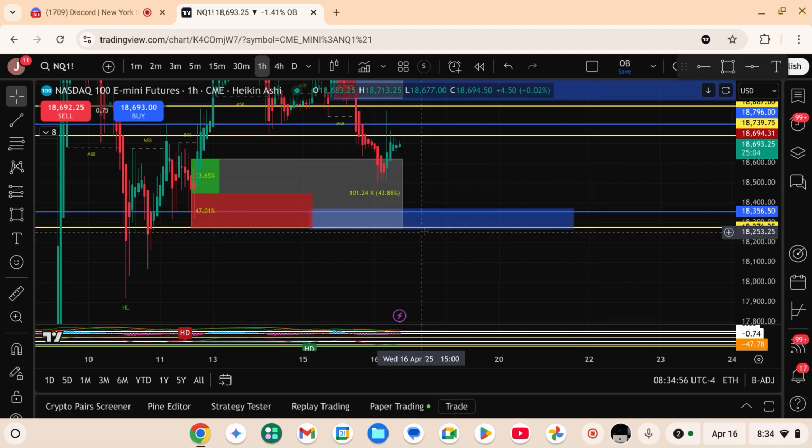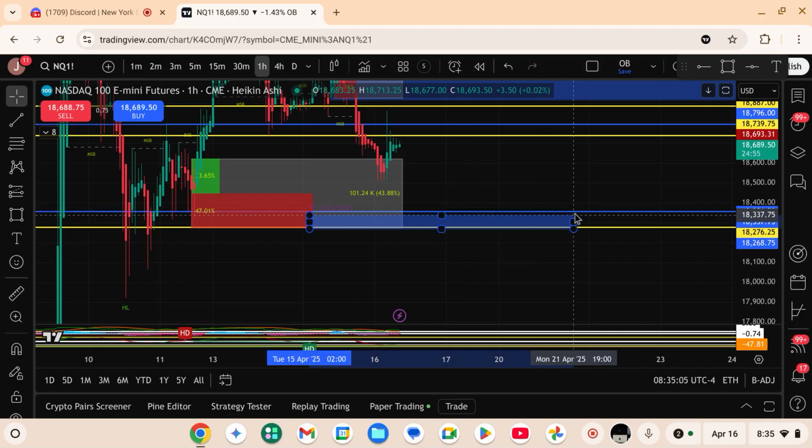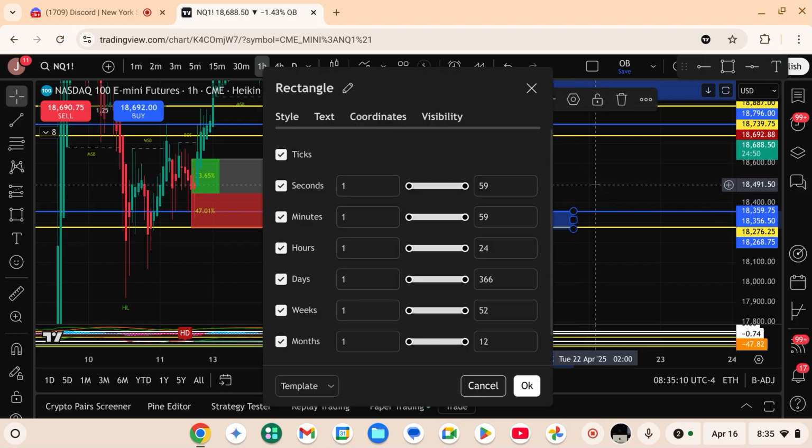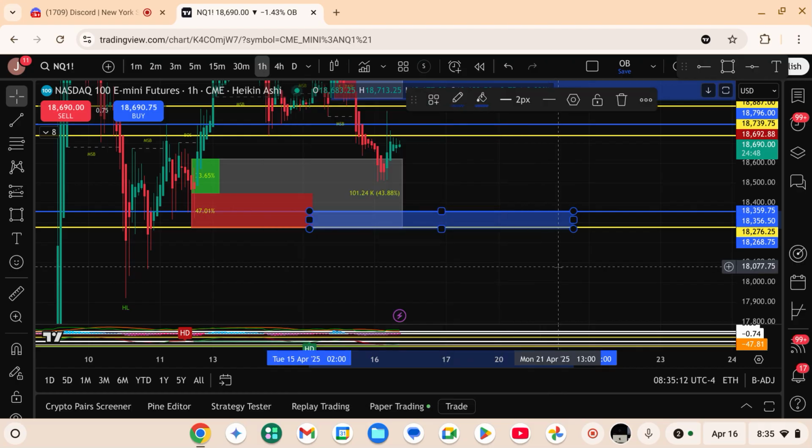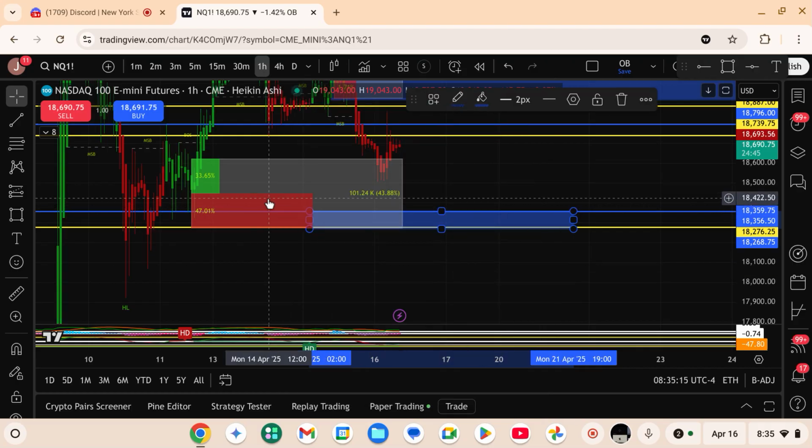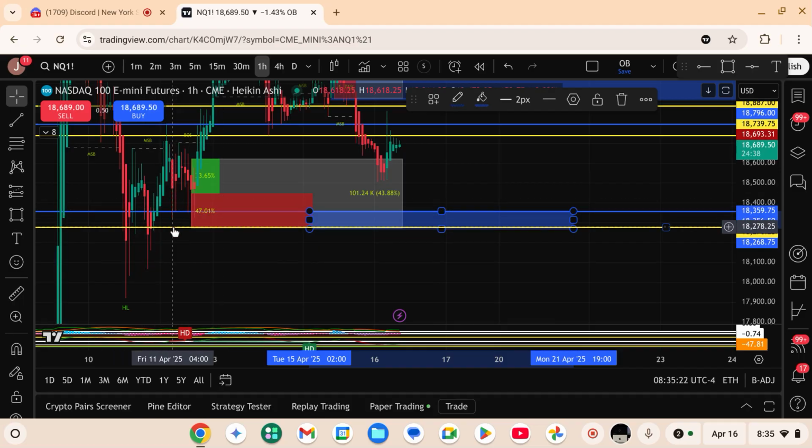So if price returns here and breaks below this whole box, it's definitely gonna free fall because that's a strong confluence between this order block from the 1 hour, this market structure break from the 4 hour, this blue line, and then yesterday's low, that was yesterday's low right here.